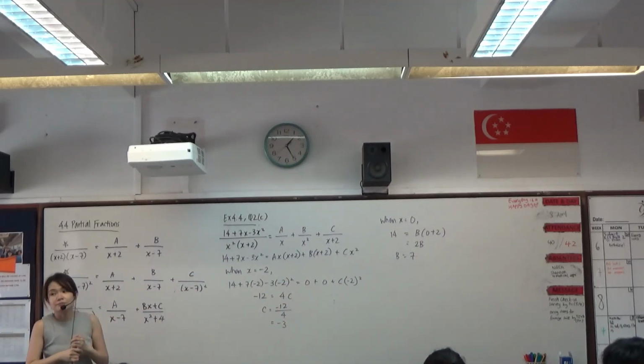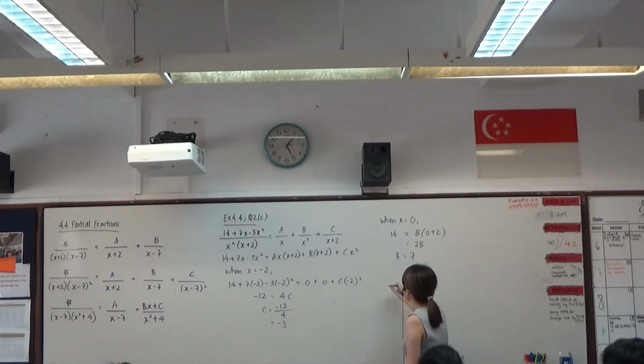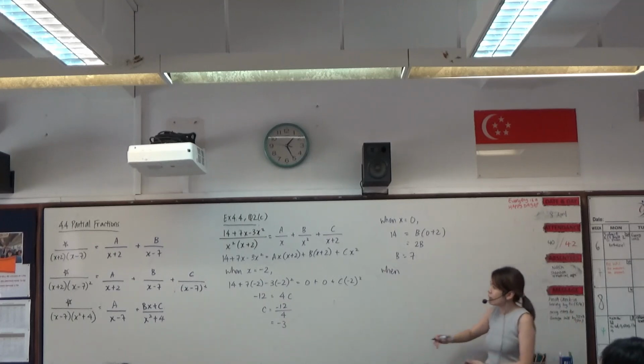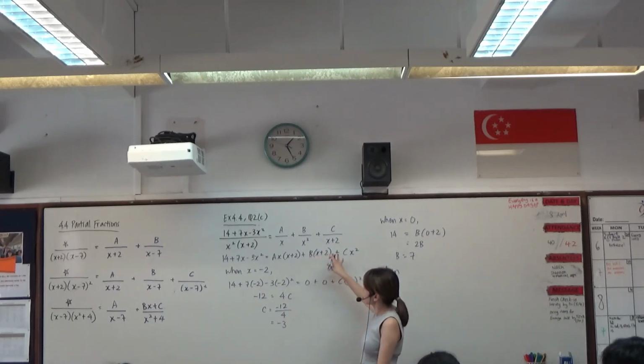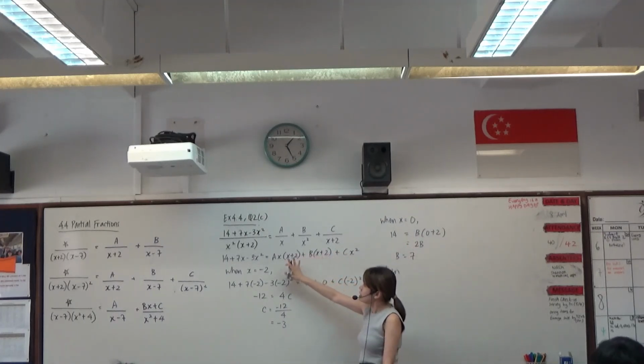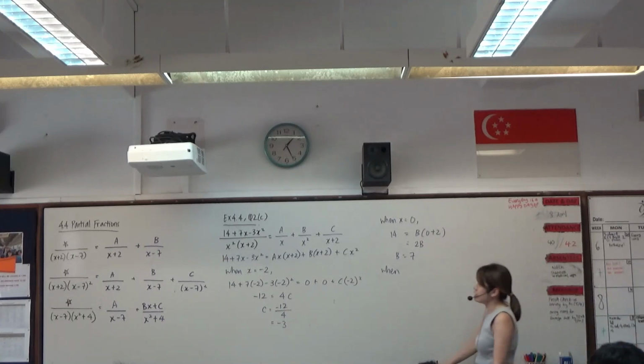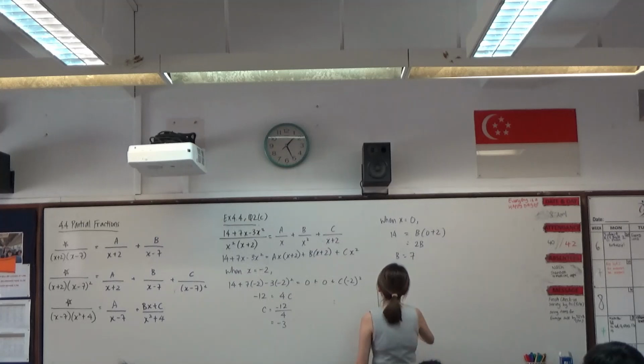Right? Now, we have not yet found A. We know that when x is negative 2, it helps us remove this and this already, to find C. When x is 0, it has helped us to find B. So this is then the case where there are no other values, which will efficiently help us find the value of A. In this case, what value of x will you choose?